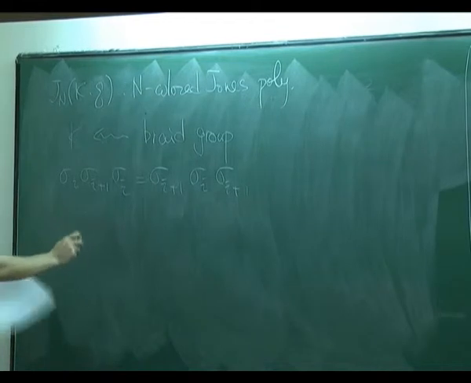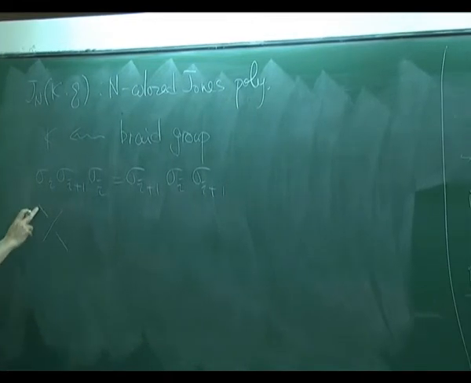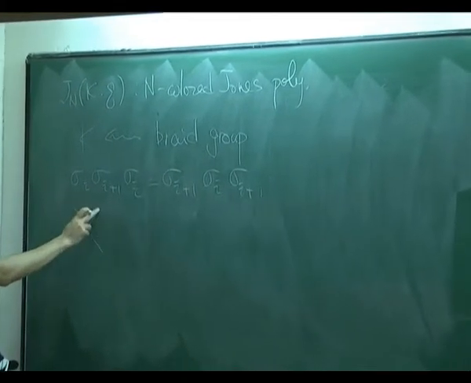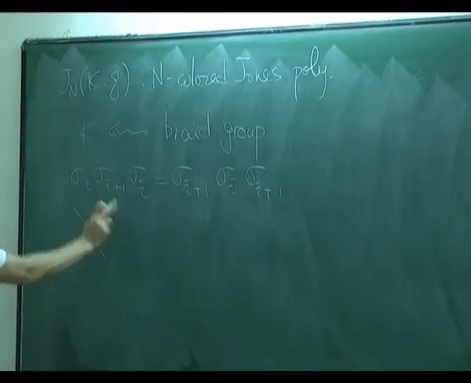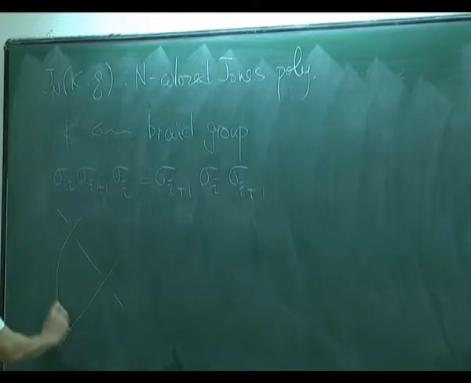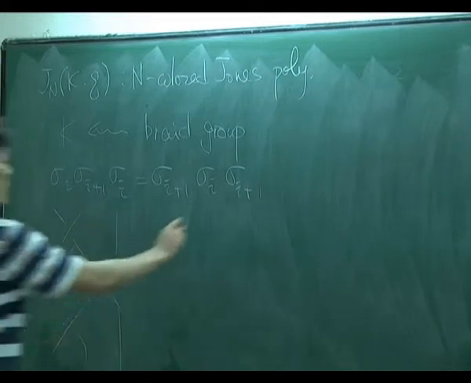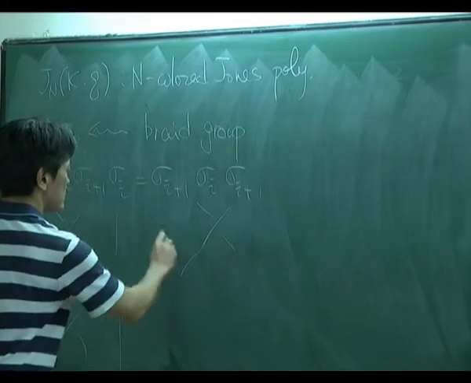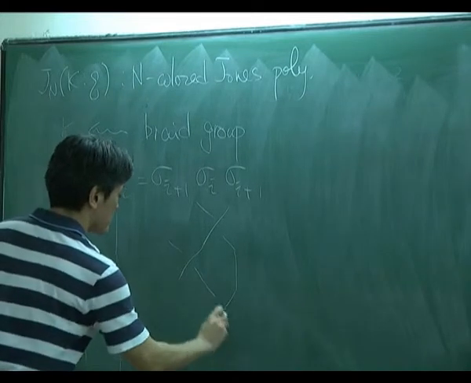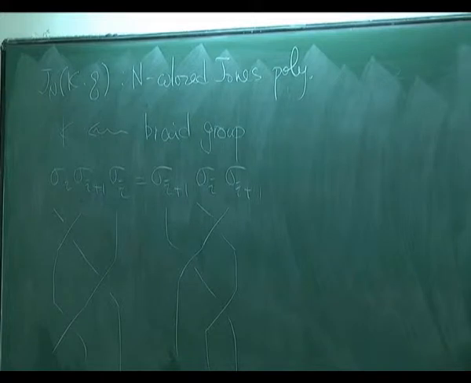Sigma_i is just a exchange of two strands at the ith point and the (i+1)th point. The left-hand side is this one, and the right-hand side is this. So you know that this is trivially identical.